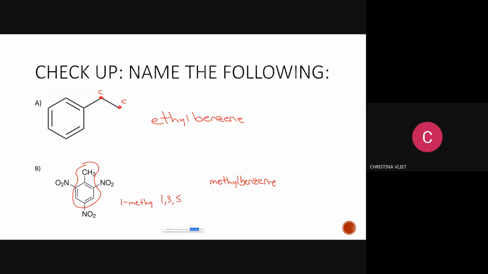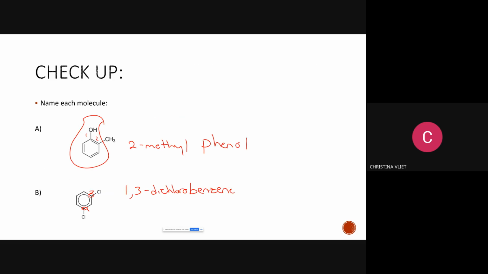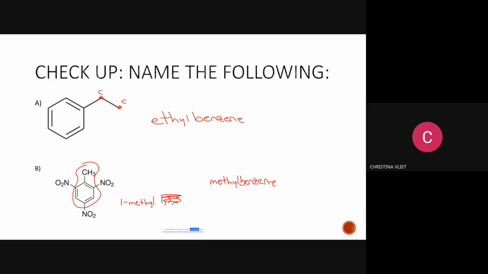No, not 1,3,5, or 2,4,6. I heard you all say 1,3,5. Okay, 2,4,6. Methyl's 1. It's 2,4,6-trinitro, right? 2,4,6-trinitrobenzene.